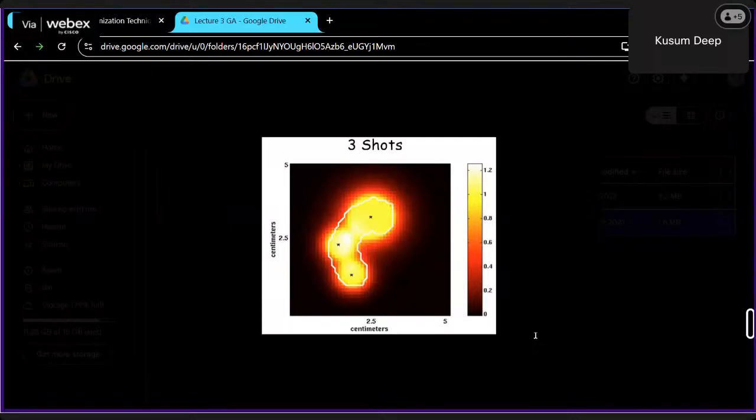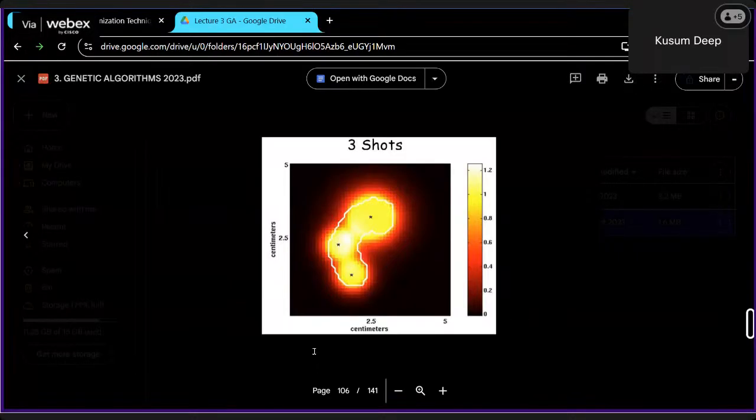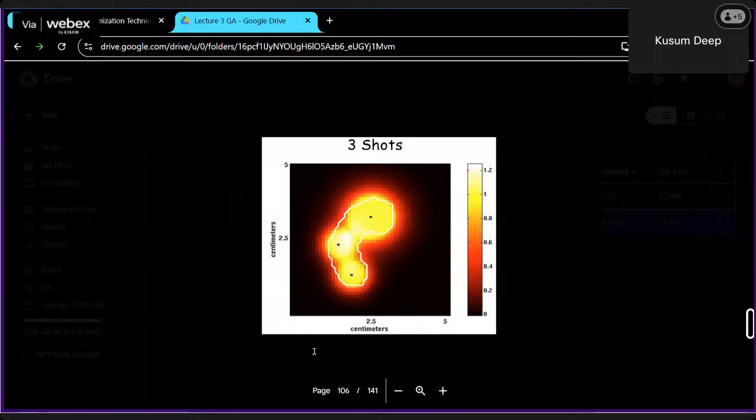That is, the centers of the circles and the radii are all real numbers, whereas the number of shots is a positive integer. So the problem turns out to be a mixed integer programming problem.